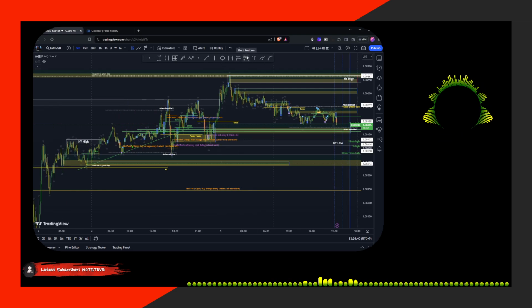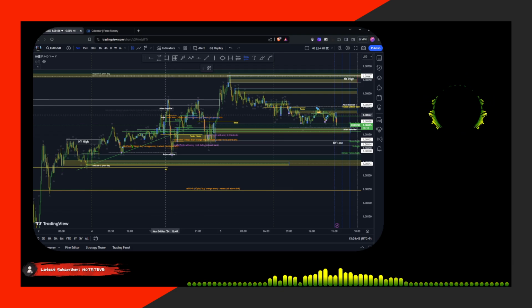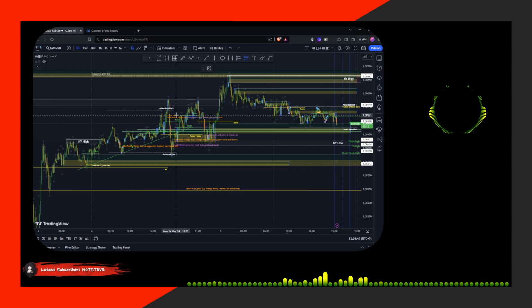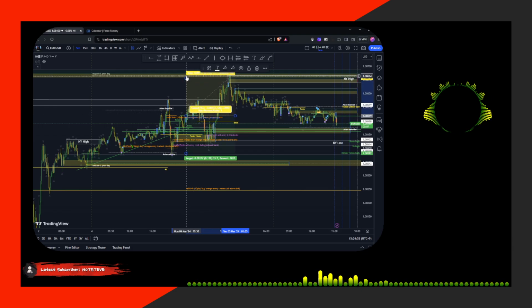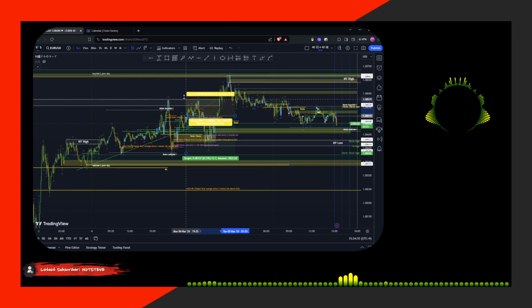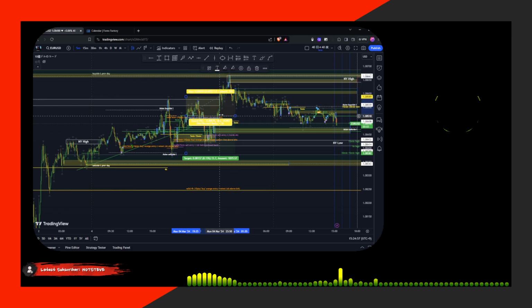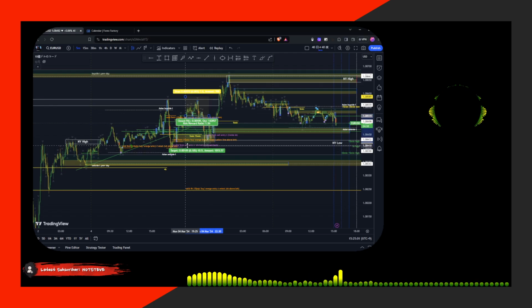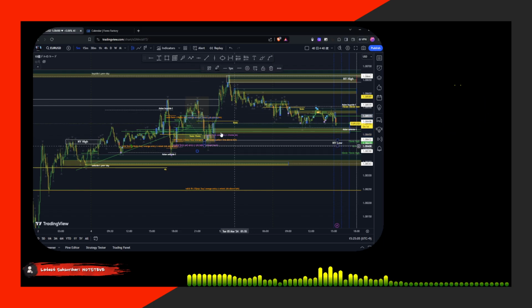Also, another trade that I took, there's an invalid orange entry that was left behind over here, and I went ahead and took the sell with my stop loss at this level, and my take profit was 10 pips.